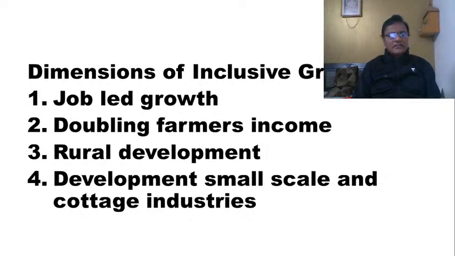We must increase the farmers' income. We must make agriculture remunerative for poorer and weaker sections of society, especially small and marginal farmers. As all of us know, these small and marginal farmers constitute almost 90% of our farming community. Unless we can double their income, unless we can make agriculture profitable and remunerative for them, we cannot achieve inclusive growth. That is the reason why this is another important dimension of inclusive growth.